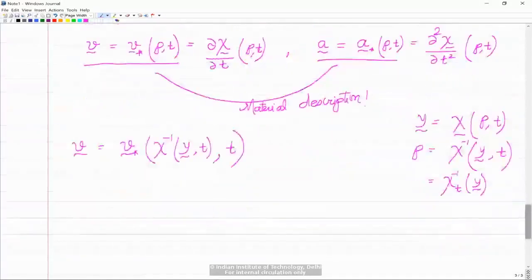So what I mean to say is that if you just write it as xi inverse y, it is not correct, because at time t1 you have particle p1 at y, and at time t2 you have particle p2 at the same location y. So this inverse will give you 2 different p's. Therefore it is not well defined.